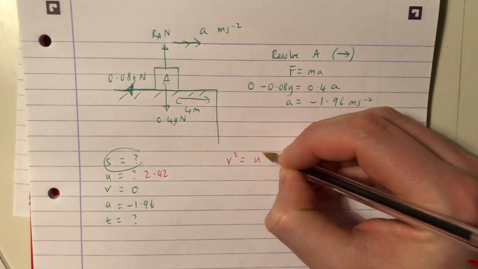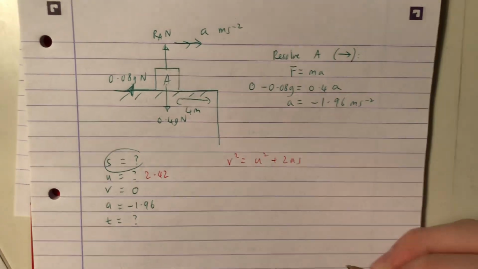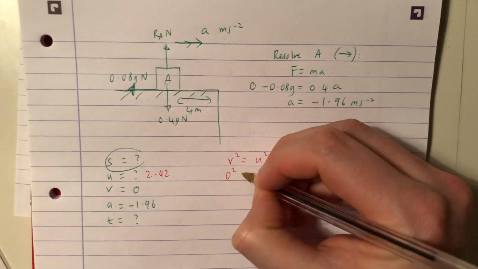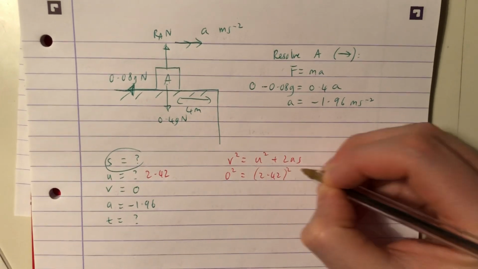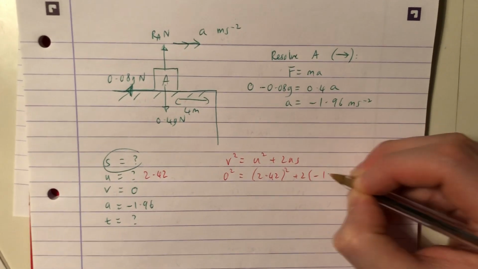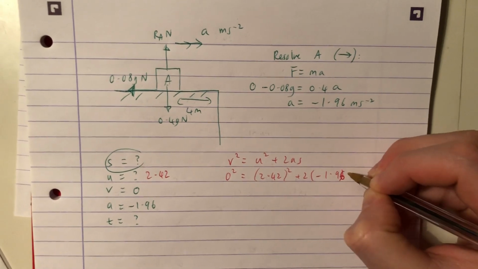V squared equals U squared plus 2AS. 0 squared equals 2.42, use the exact version, squared, minus 3.92S.